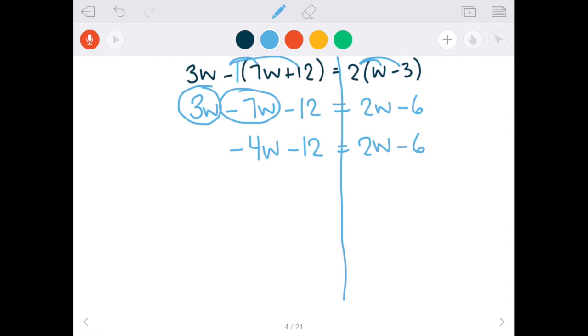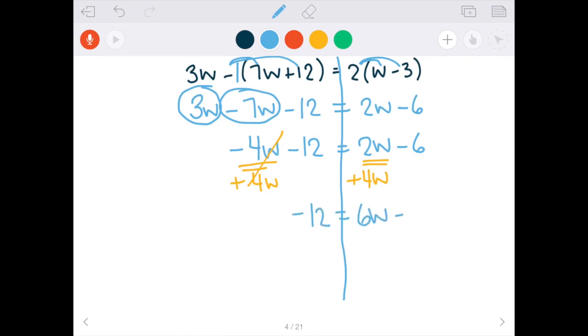Now I'm going to always eliminate a variable first, and I have a -4w and a +2w. I like to always eliminate the smaller one because then my final coefficient turns out to be positive. So since -4 is smaller than 2, I'm going to zero pair the -4w. Go back to blue here.